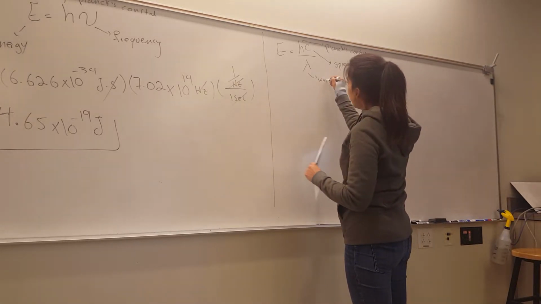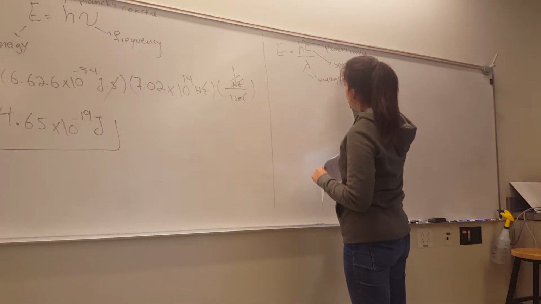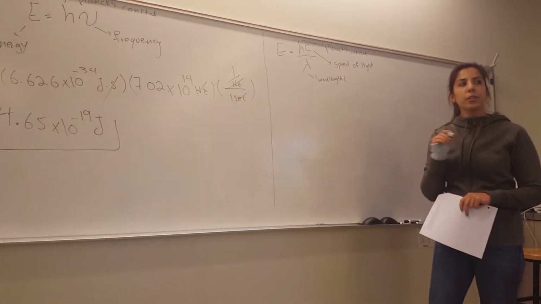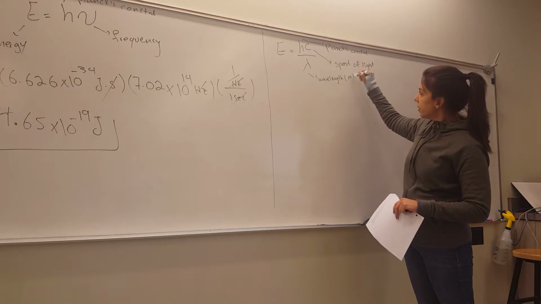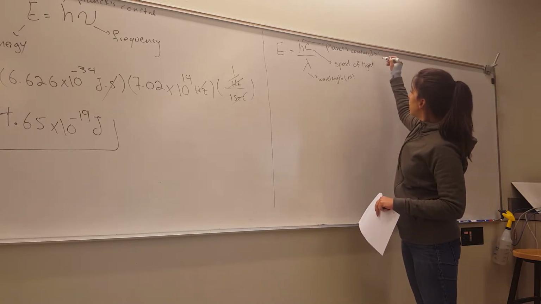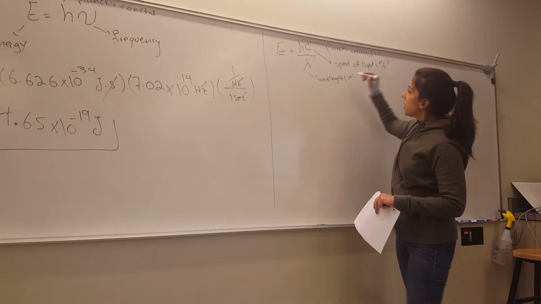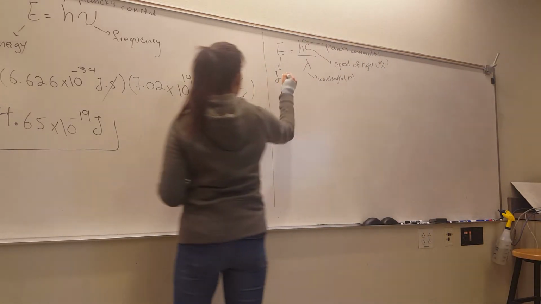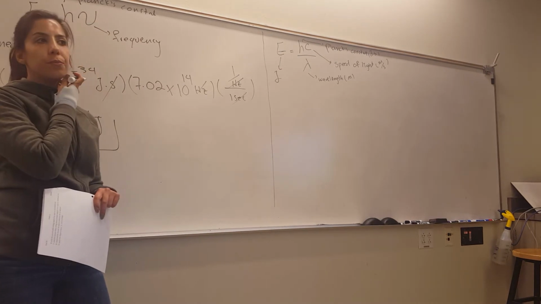Lambda is your wavelength. And keep in mind that in this equation, your lambda has to be in meters. This is joule times second. The speed of light is meter per second. And energy should give you joules.